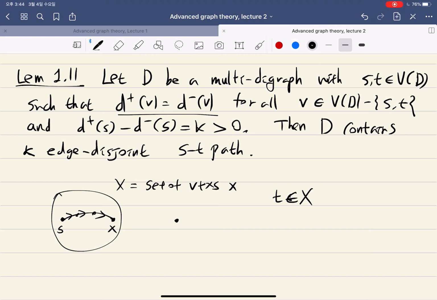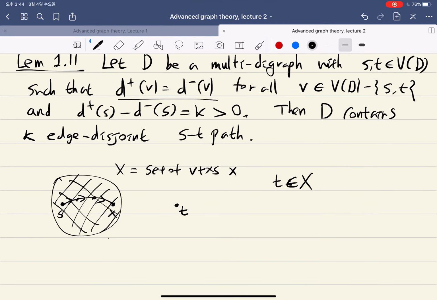Otherwise, if T is outside of this set, then we consider the subgraph induced by this set X. The property is that for all x in X, all of its out-neighbors are again in X. Because if there is a y and a directed edge from x to y, then the path from S to x plus this one edge gives us a path from S to y.